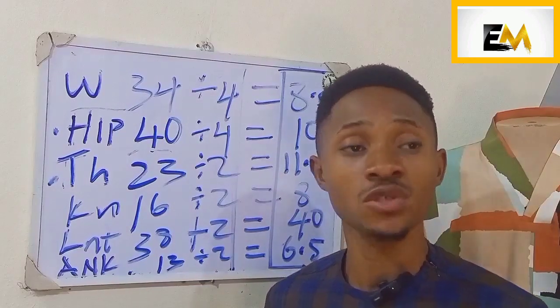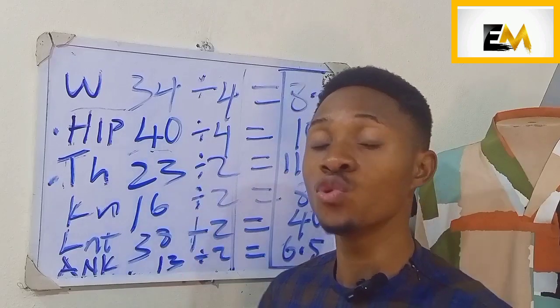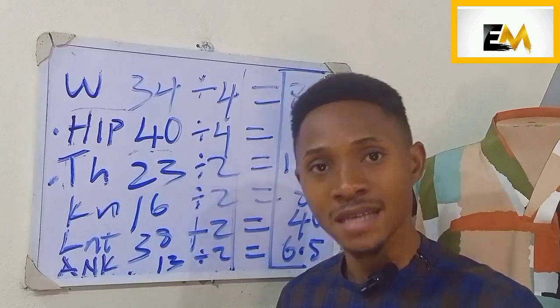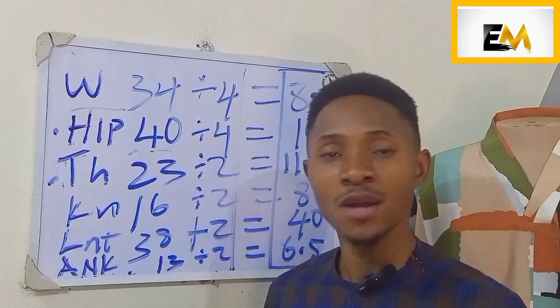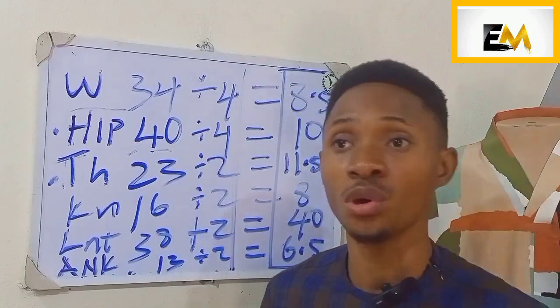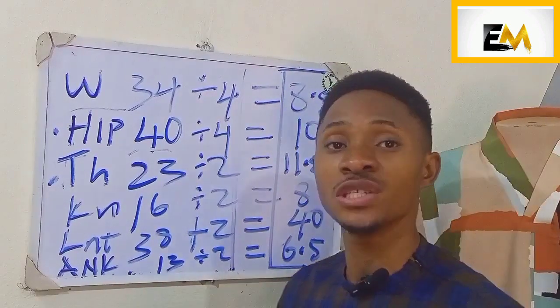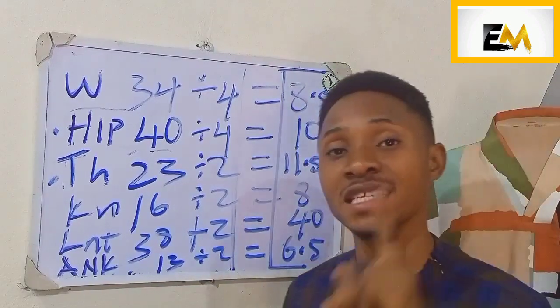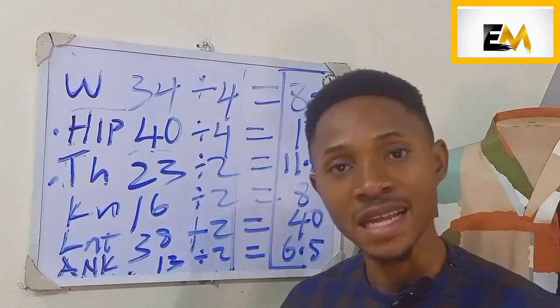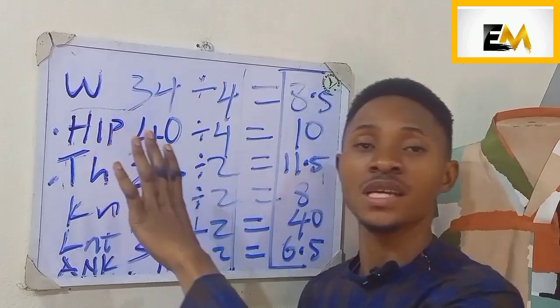The trouser will fit very well, but the problem is the crotch, because of the person's height, will look very small. So as a fashion designer, what you need to do is to add up, because once the person looks down on the trouser, he will feel like the crotch is too short, or it's not allowing him to throw his leg or something like that. So all you need to do is just add 1 inch or half an inch, as the case may be. The person's trouser length determines what you're going to add after you are done calculating the hip.